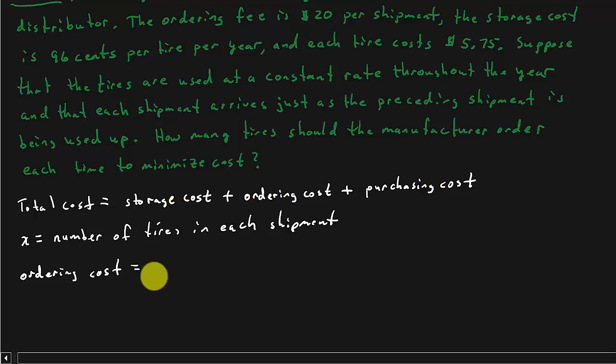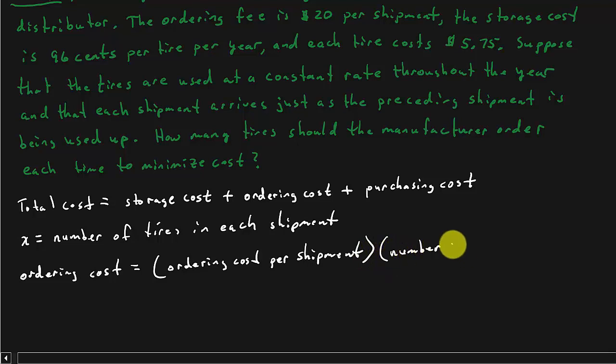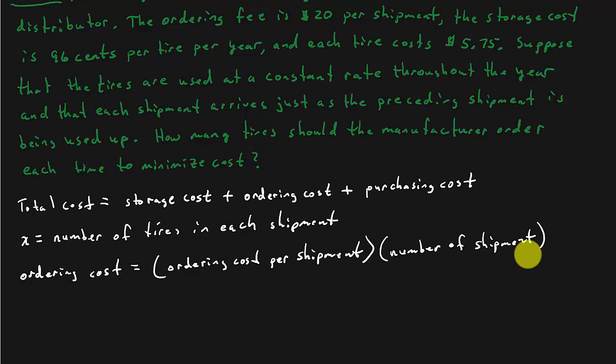So the ordering cost is equal to ordering cost per shipment times the number of shipments. That makes sense. How much is each shipment, and how many shipments are you ordering? That's the ordering cost.